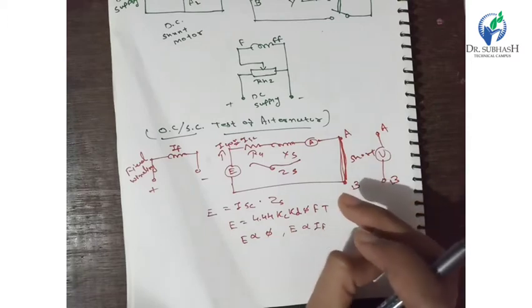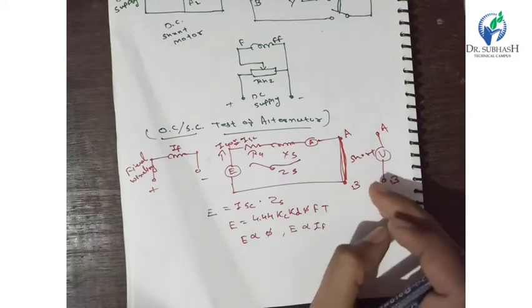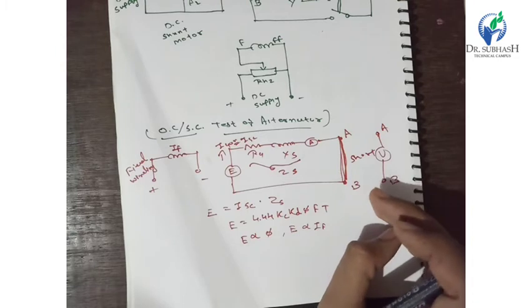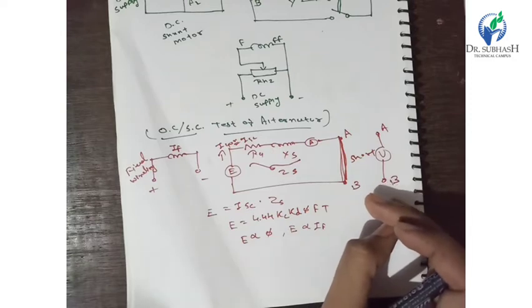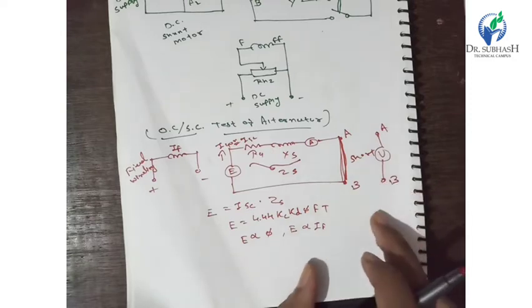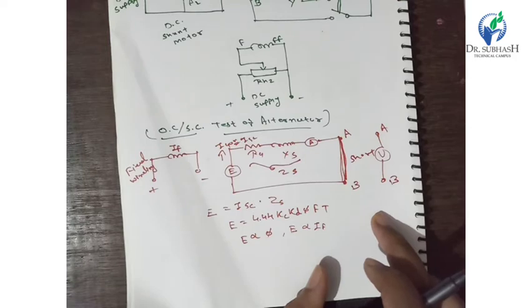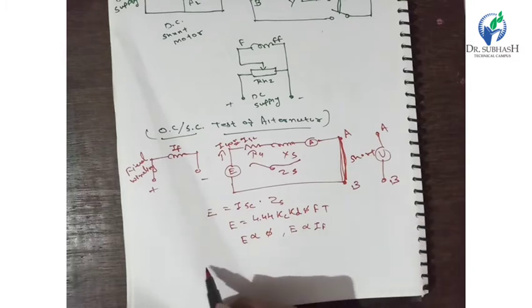Here we note that the alternator terminals are open, so it will not deliver any current, and we have kept the same field current for the open circuit and short circuit tests. From the above circuit, we can modify the equation for ZS as follows.